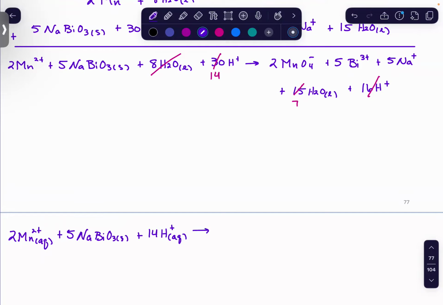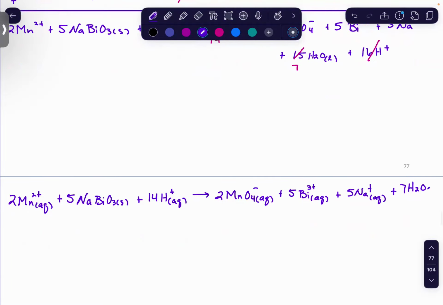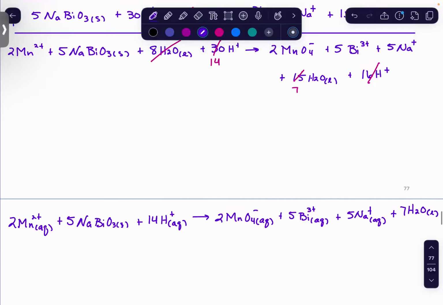Then the 2 permanganates, 5 bismuth, 5 sodiums, and then 7 waters. Alrighty. And there we go. There's your final answer.